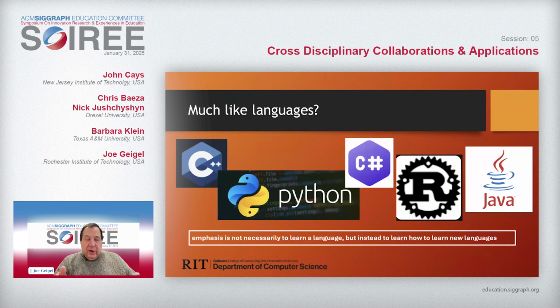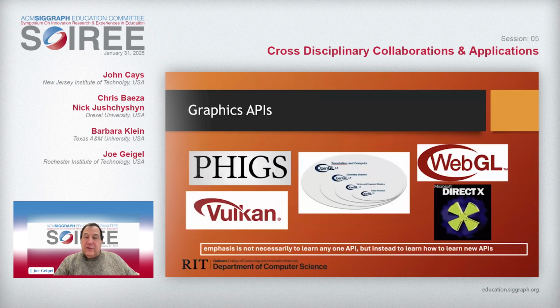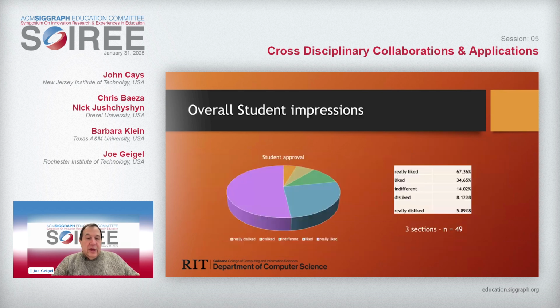It teaches you how to learn so you can learn new languages. So we took the same approach for our graphics API. We don't really want to focus on one API. It's not a course on OpenGL, it's not a course on Vulkan, but if indeed you have to use these other APIs, you know enough about it so you'll be able to learn them.